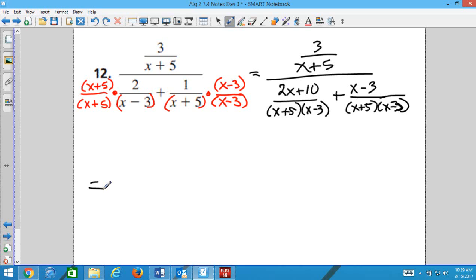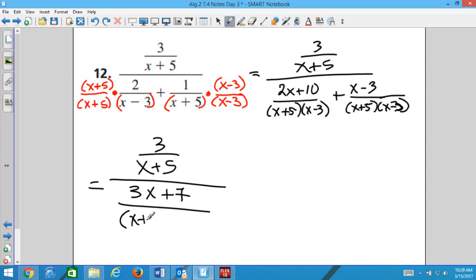While we have like denominators, we need to add it together. So I'm going to add these together: 3x plus 7 over x plus 5 times x minus 3.